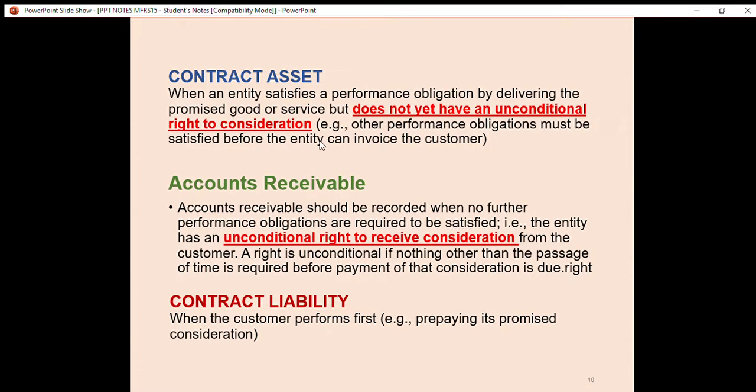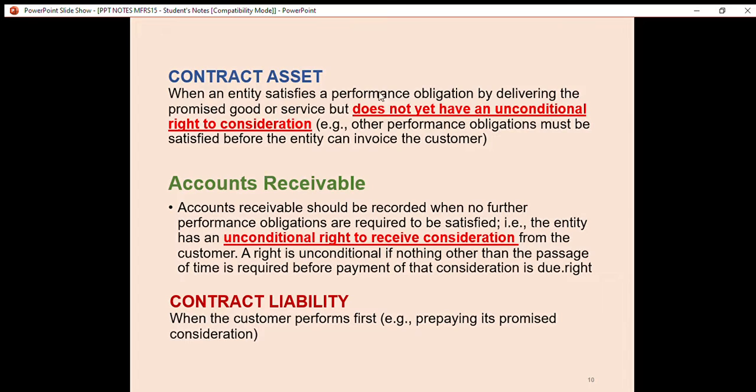I know that this sentence is a bit confusing, because as you can see, the underlined part says it does not yet have an unconditional right to consideration. Why not we change the sentence into a positive one? We can say like this: when an entity satisfies a performance obligation by delivering the promised goods or services, but it has a conditional right to consideration or payment.